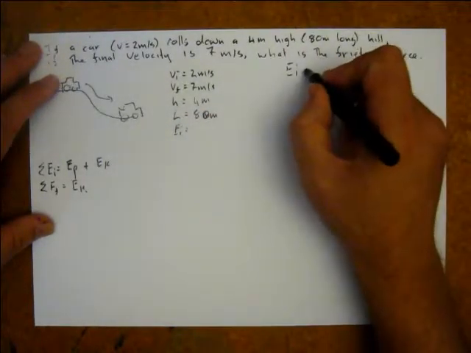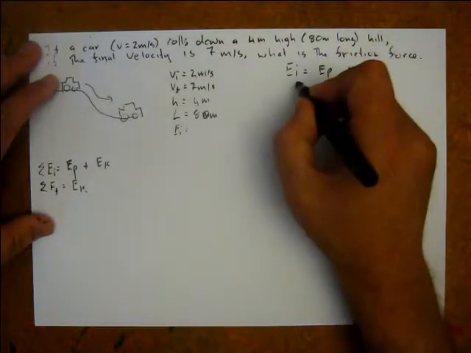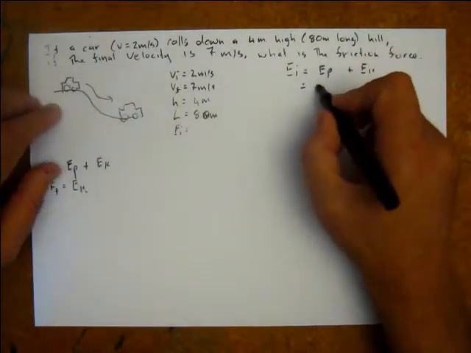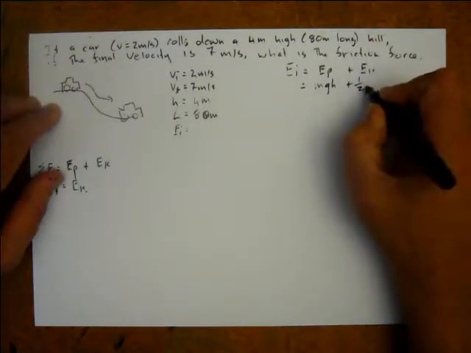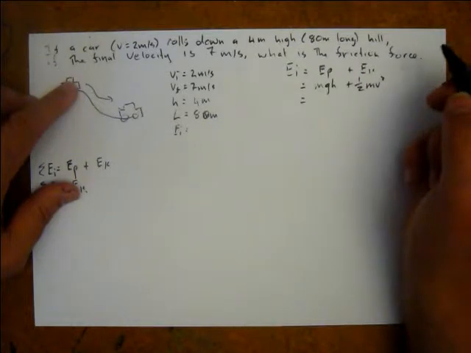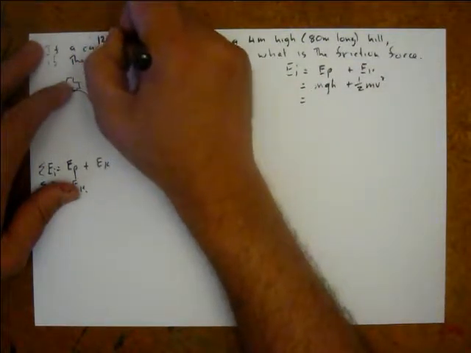is going to equal EP plus EK, which is going to equal mass times gravity times height plus half mv squared. We can do this all in one hit. What did we say, mass is 1200 kg.